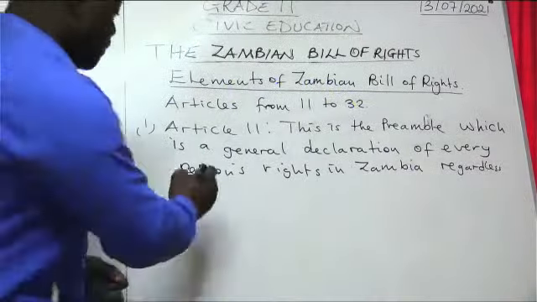Article number 16. So let me erase all this so that we can follow it together. Are we following this lesson? Very good. So we are talking about article number 16.